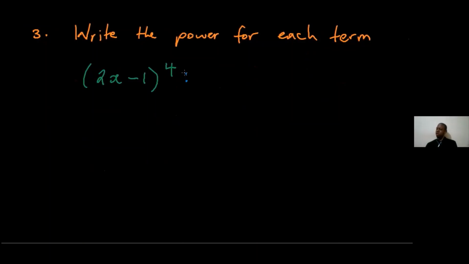And using NCR, because this is 4, it will be 4C0, I will start at 0, 4C1, and I'm going to do that all the way up until this number down here reaches 4 as well. So it should end at the same number that you start with up here. All right, so that's step one.